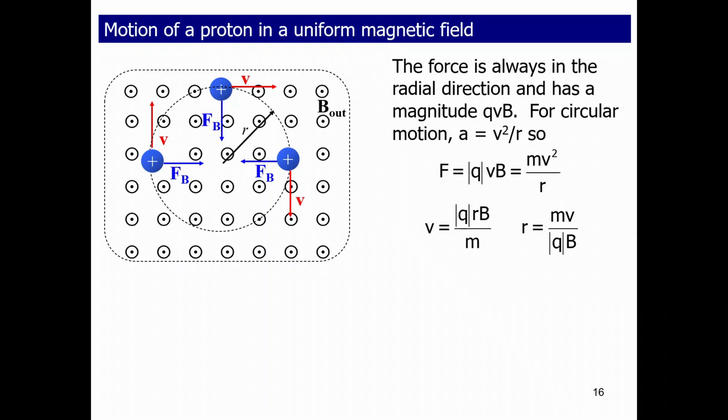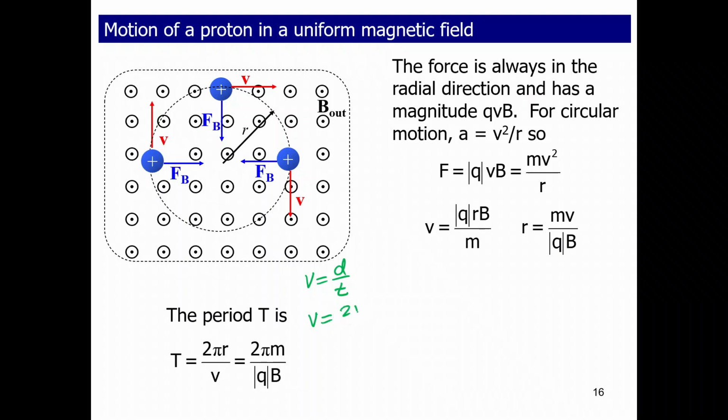They could also ask you for other things. They could ask you for the period. Because this is circular motion, our speed is distance over time. For one trip around the circle, that distance is going to be 2 pi r, and our time is going to be the period T. So if you rearrange and solve for T, that gives you 2 pi r over v.